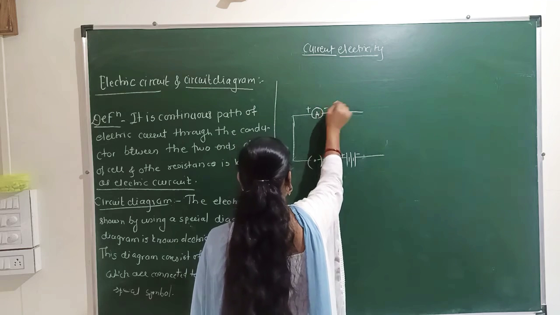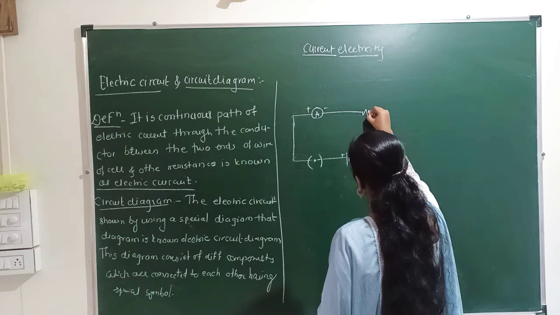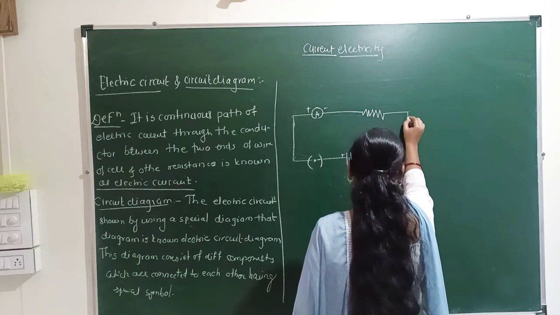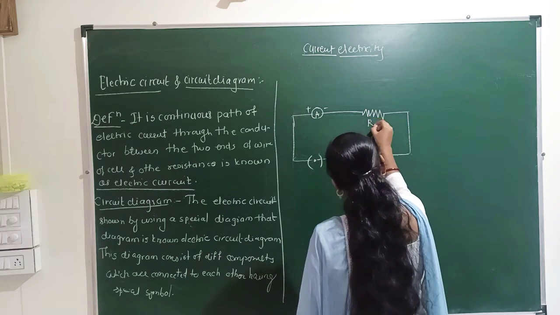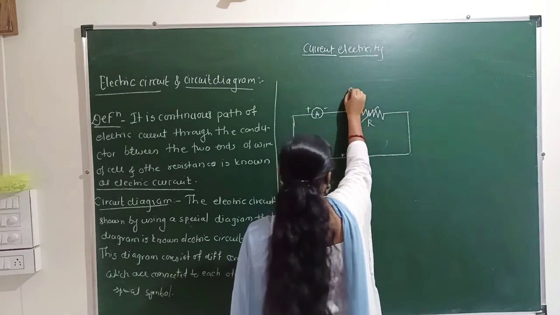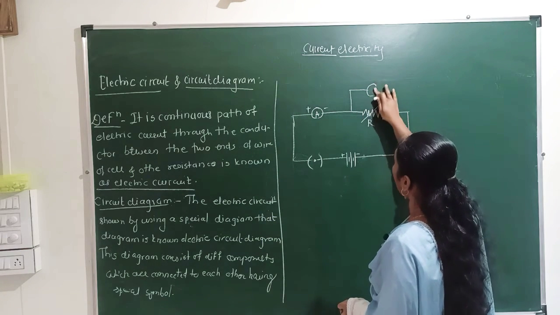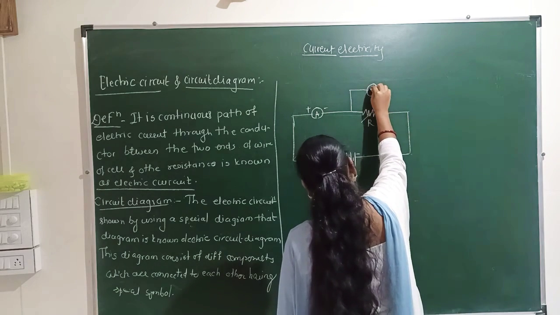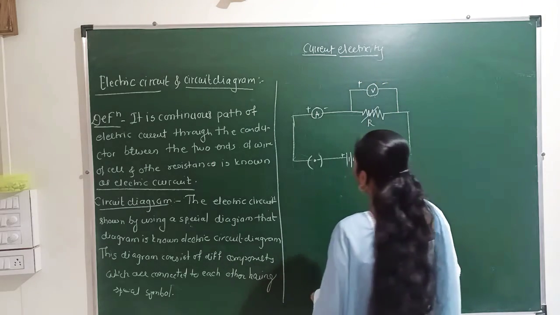This is the positive terminal and this is the negative terminal of the ammeter. Here is the resistor, which opposes the flow of current, and here is the conducting wire. Here is the resistor, R for resistor, and here is the voltmeter, which is connected parallel to the electrical circuit. This is the positive terminal and this is the negative terminal.